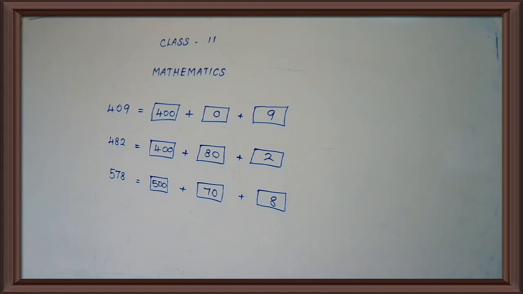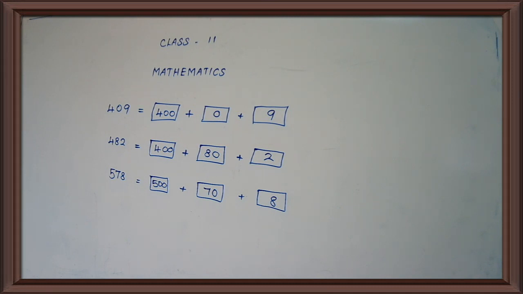Then L, ones place is 6. Tens place we want to write 80. 100 place you want to write 700. Then M, first one, ones place is 5.